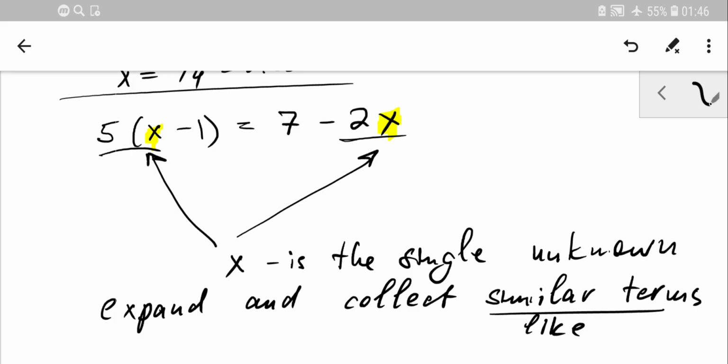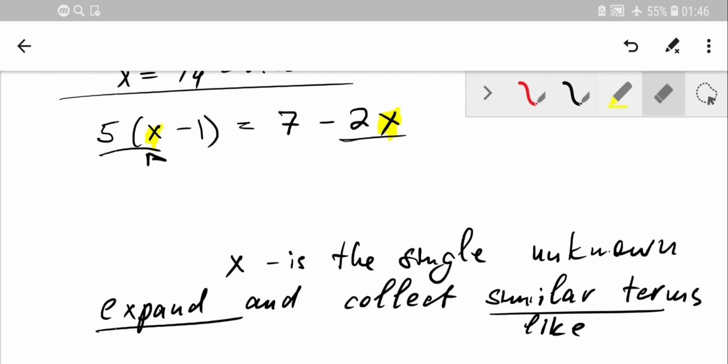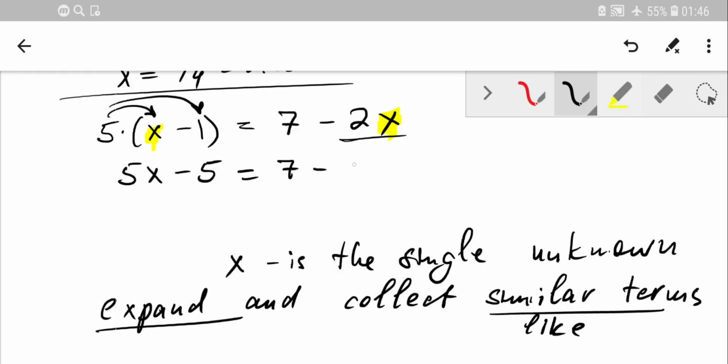Expanding is just normal expanding. Here you take 5 and multiply by each term within the brackets, so you'll get 5x minus 5. I think you need to be familiar with that. On the right side, we do nothing because they are not similar terms, or like terms.